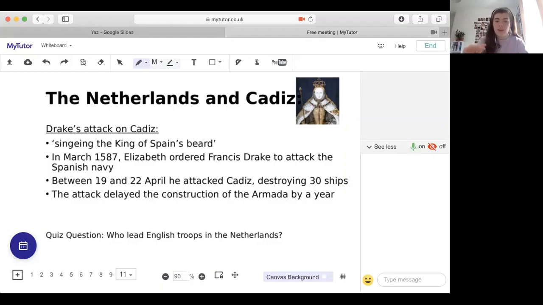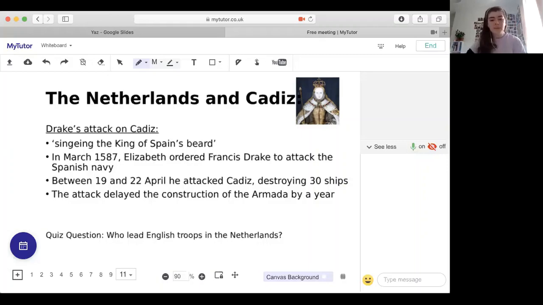The attack delayed the construction of the Armada by a year, and that's really important. They've delayed the construction of this massive invasion fleet, and this gives England more time to prepare for the Spanish invasion. Drake continued to attack Spanish coastal ports and treasure ships, which continued to deplete Spanish morale and their economic situation.